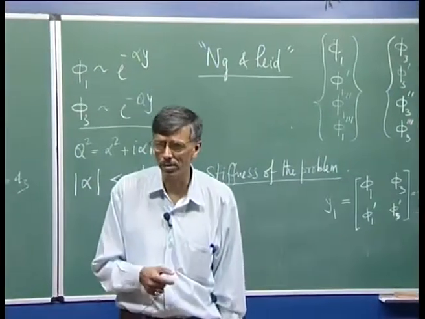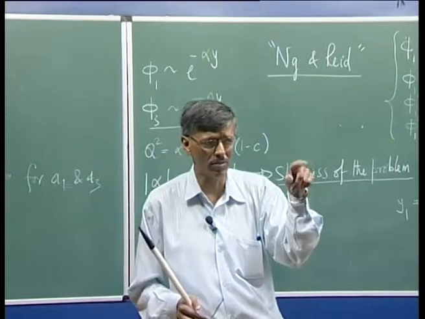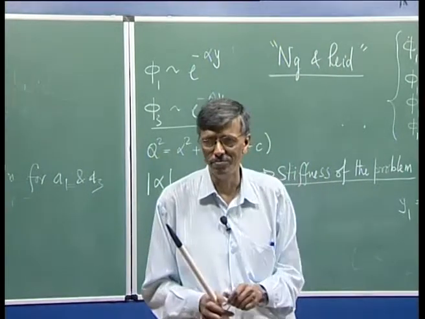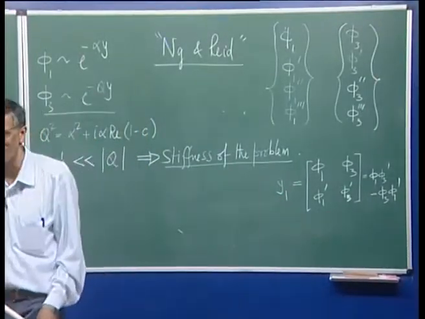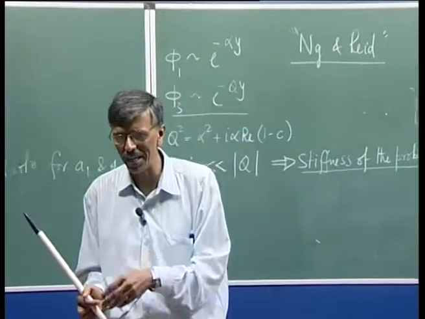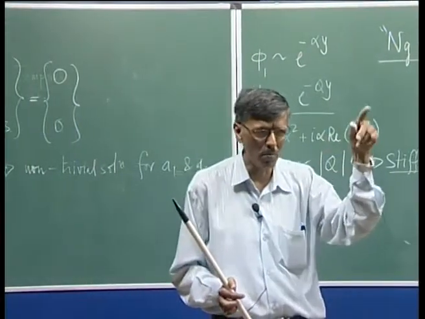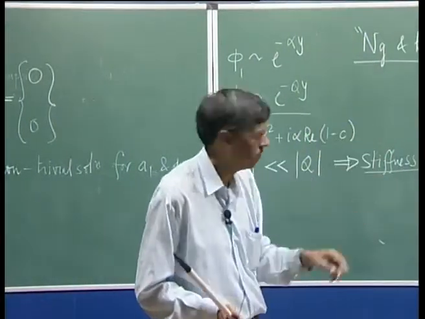The exponential part will be e to the power minus within bracket alpha plus q. What about the second term? Also the same thing. So, the growth rate is like e to the power minus alpha plus q into y.